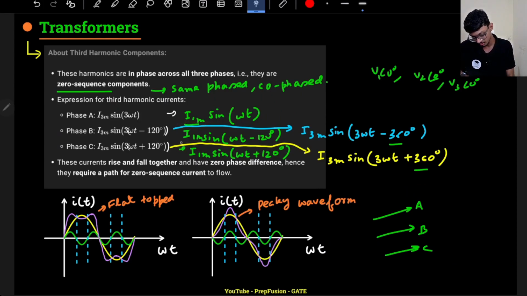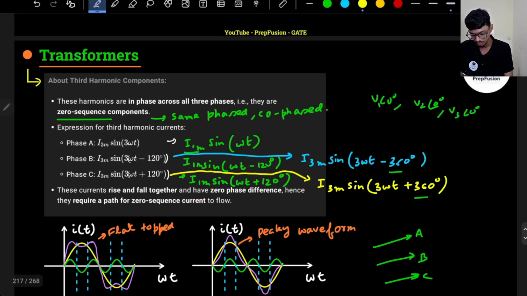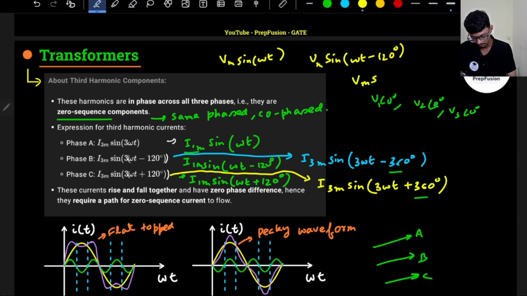Previously, for the fundamental components, if one voltage was Vm sin omega t, the other was Vm sin(omega t minus 120) and the third was Vm sin(omega t plus 120).